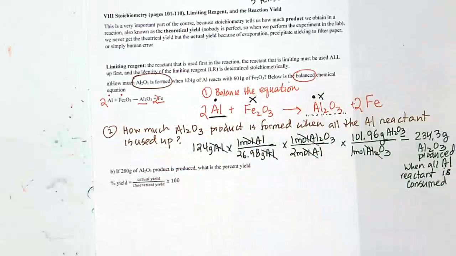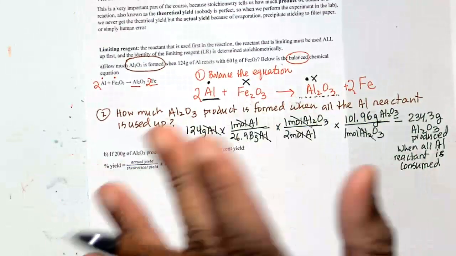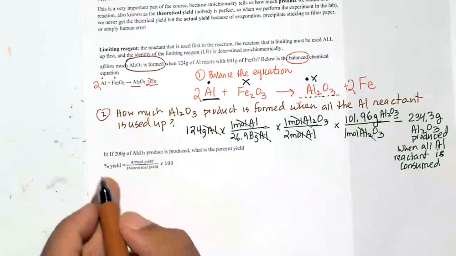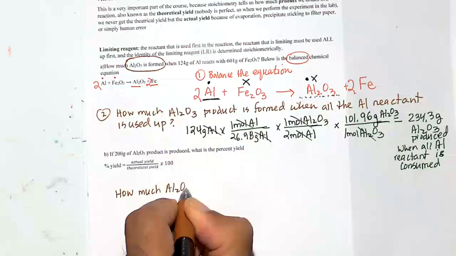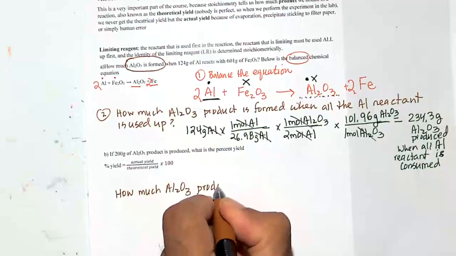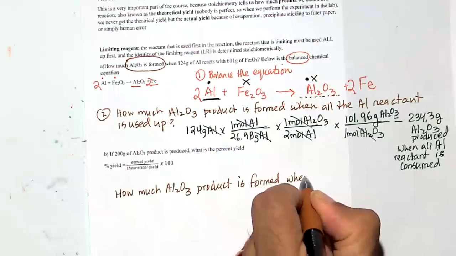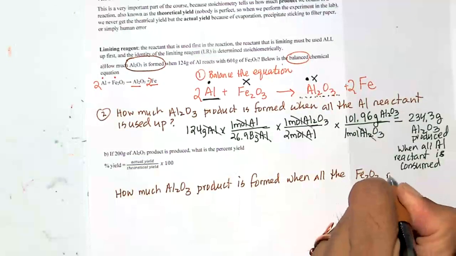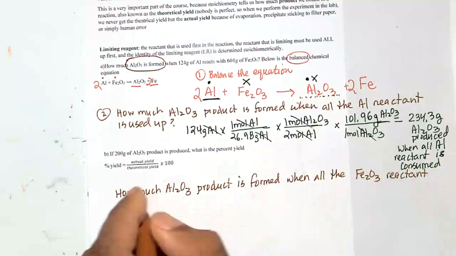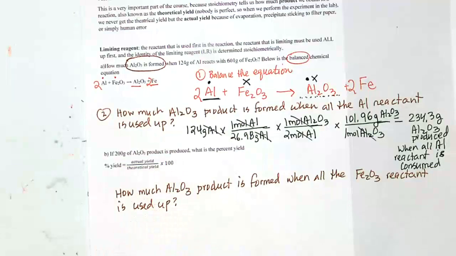One of these is going to get used up, just like all the men here are taken up, one of these reactants is going to get used up first. We'll do that with this X mark here, in this black ink.